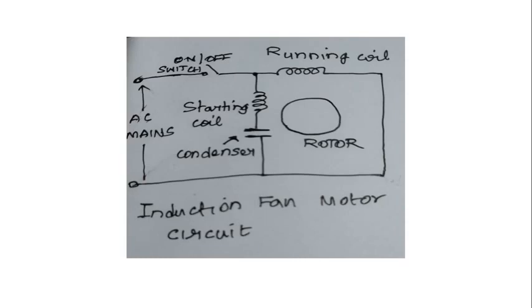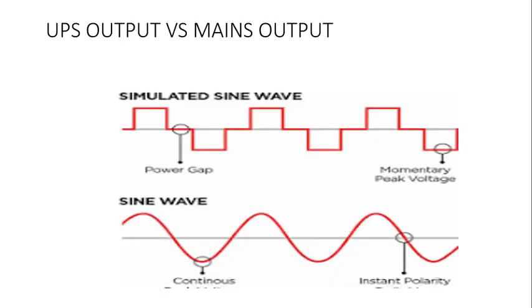Next, it makes sound. Let us see. When there is no power, we run using UPS. See this UPS, you see the bottom waveform. This is the regular sine wave.